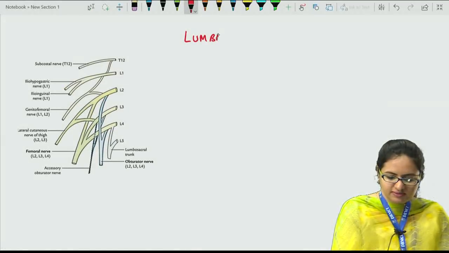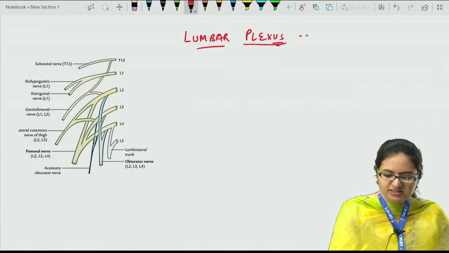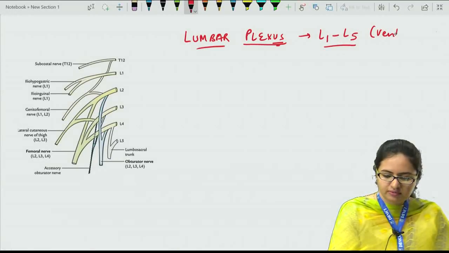For the lumbar plexus, it is formed from L1 to L5 by the ventral rami.